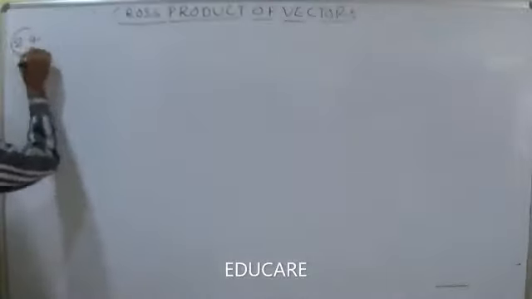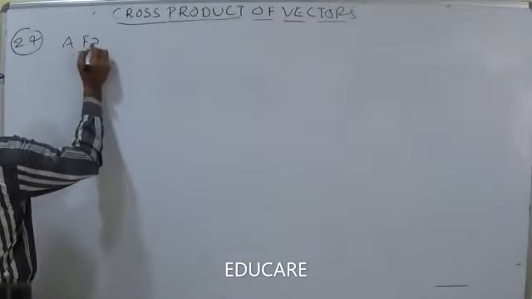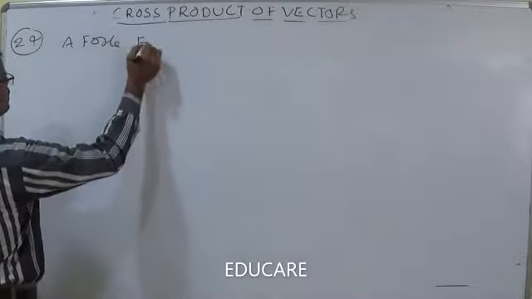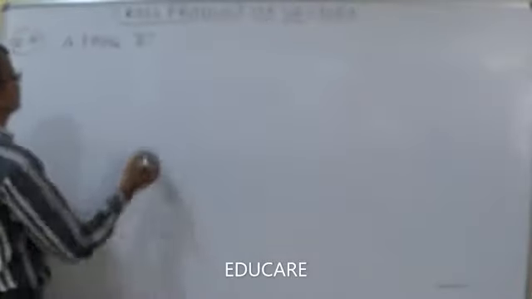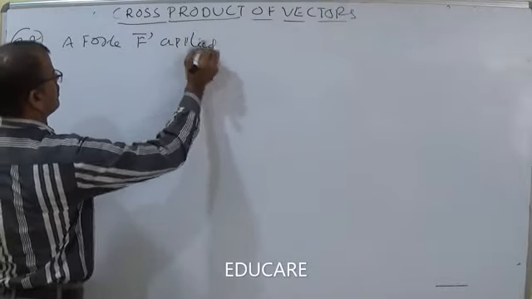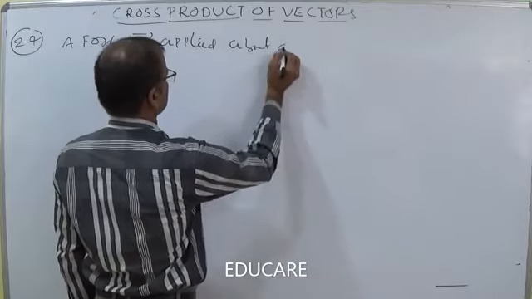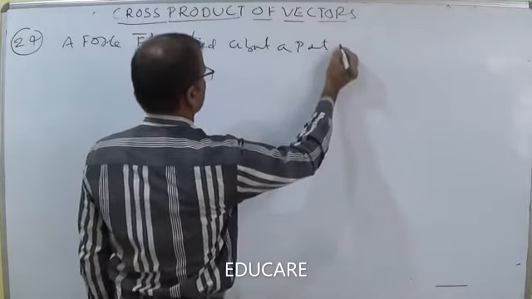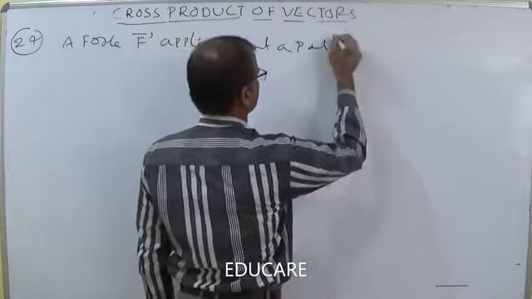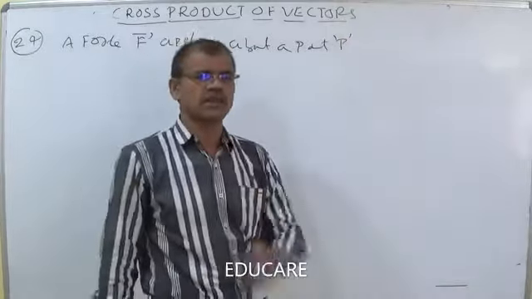This is the 24th point. A force with the letter indicated F bar. A force F applied about a point P. About a point is always the first point and through a point is always the second point.